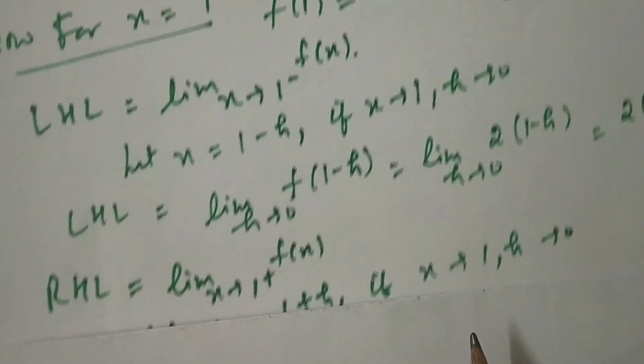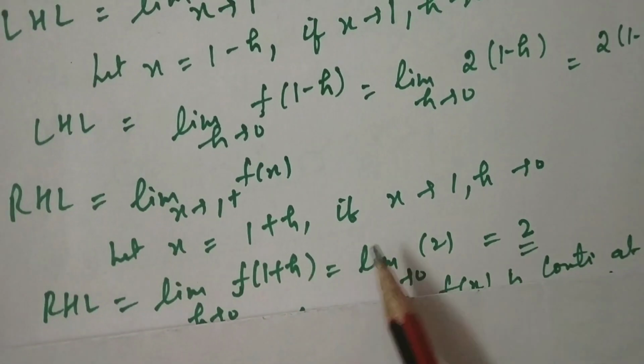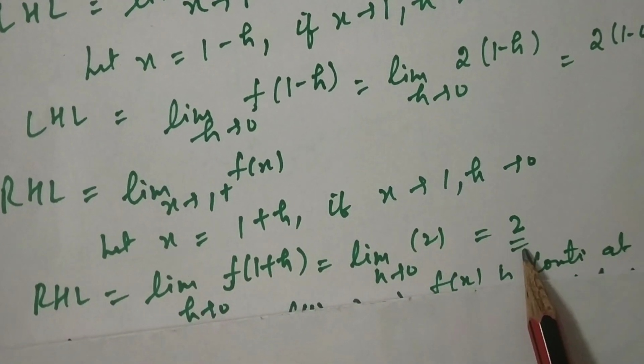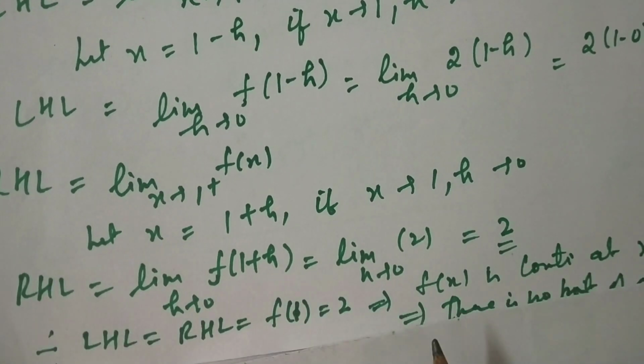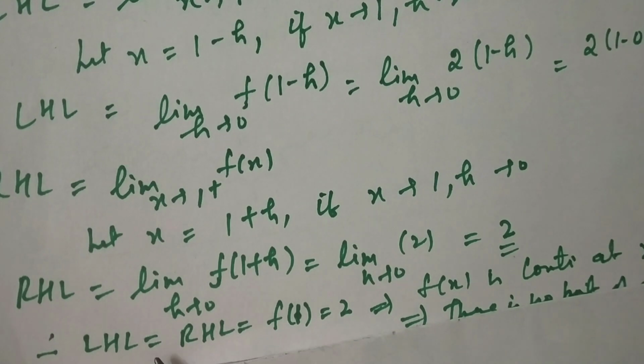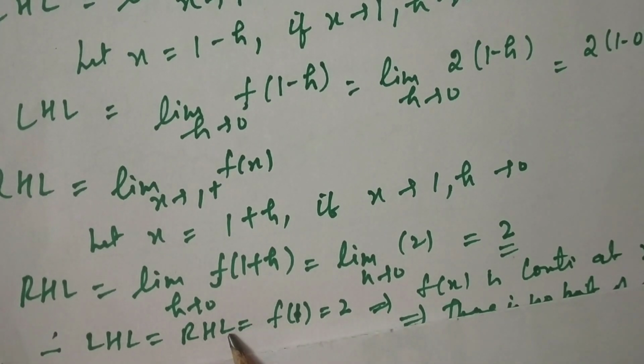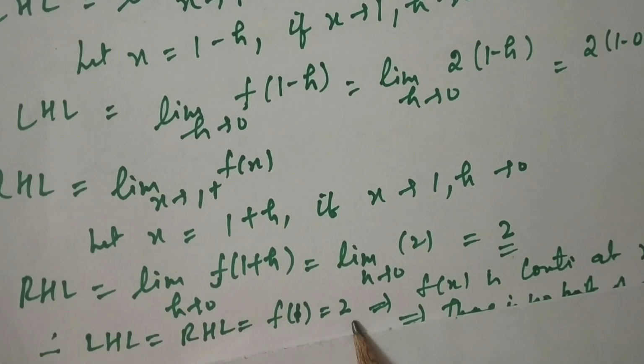And then right hand limit the same way, it comes out to be 2 again, and I check here my left hand limit, right hand limit, and function's value at the point 1 is 2.